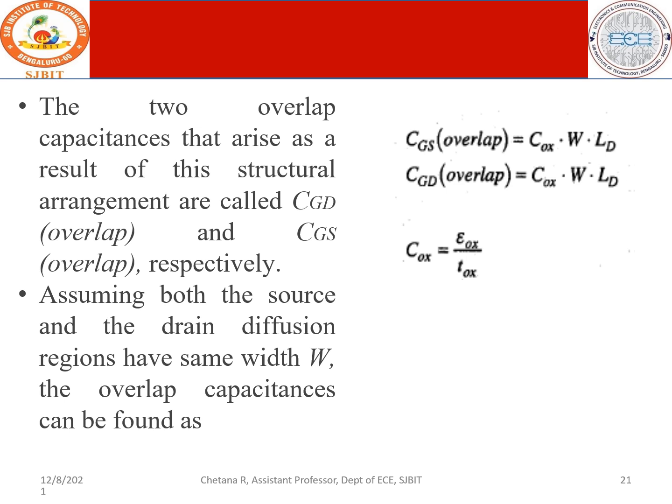Then we have something called overlap capacitances. These arise due to the structural arrangement, that means one is over the other. These are called CGD, that is gate and drain, and gate and source. Assuming both the source and the drain diffusion regions have the same width, it has been found that the CGS and CGD overlap capacitances at the source and the drain terminal are COX W LD.